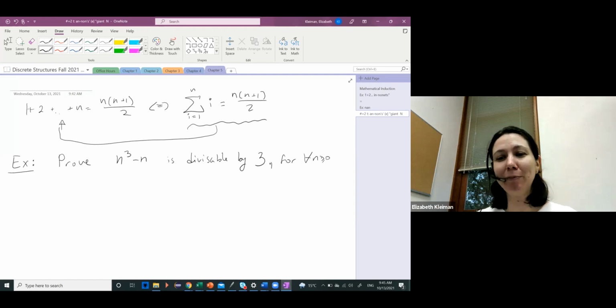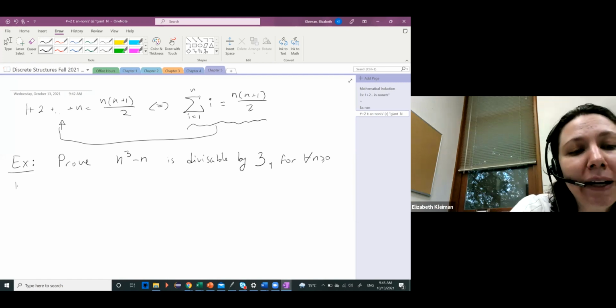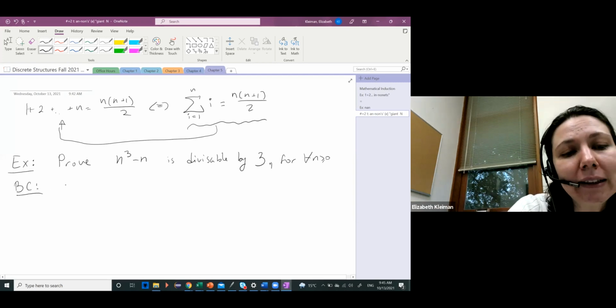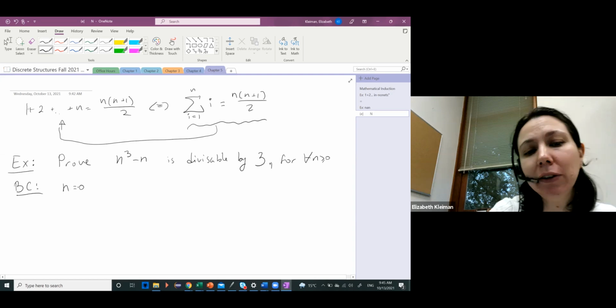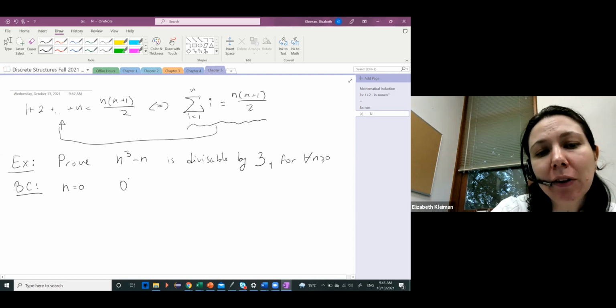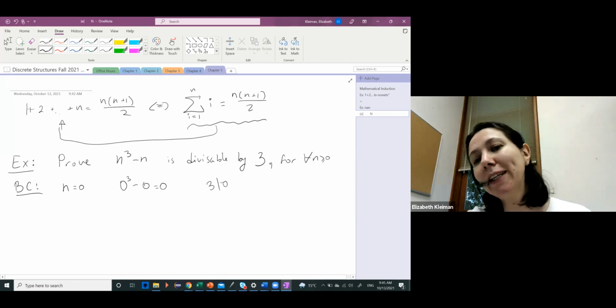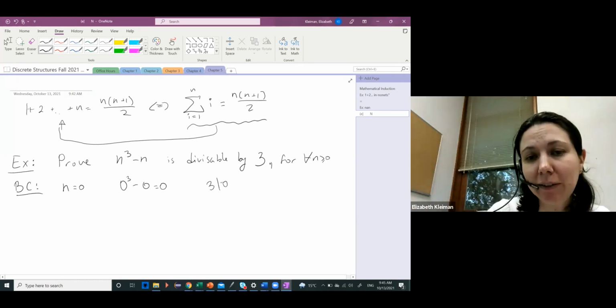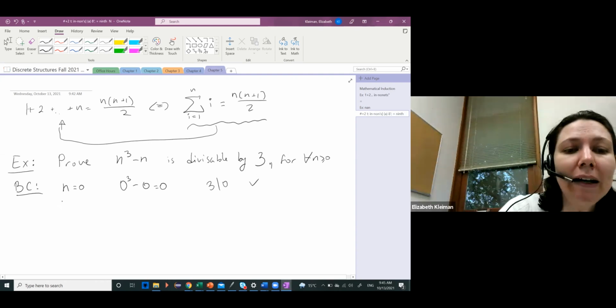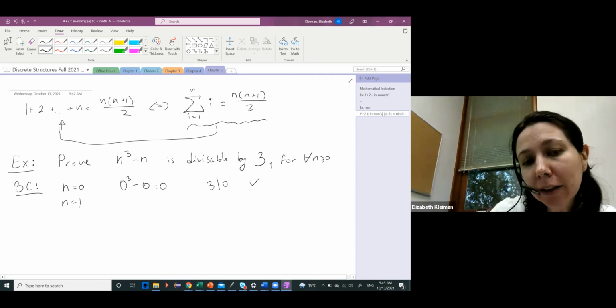So my base case can be n equal to 0. In this case, I have 0 cubed minus 0, which is 0. And of course, 3 divides 0, because everything divides 0, correct?